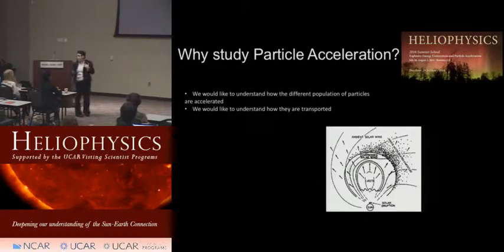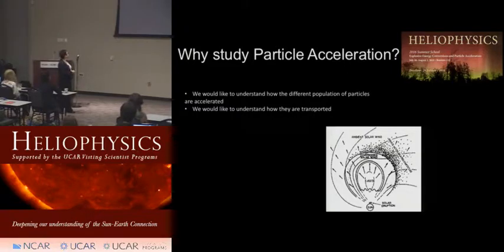Although we're going to talk in a non-relativistic limit. If you go to astronomy, you would like to extend it in a relativistic fashion. But we would like to understand how these different populations of particles are accelerated. And you will see that there are different mechanisms of acceleration, and it's not clear which one is dominant, okay?